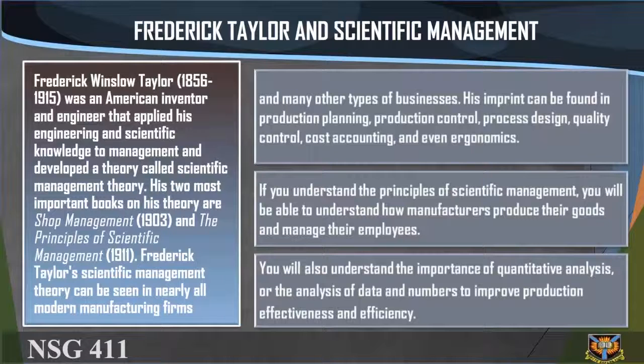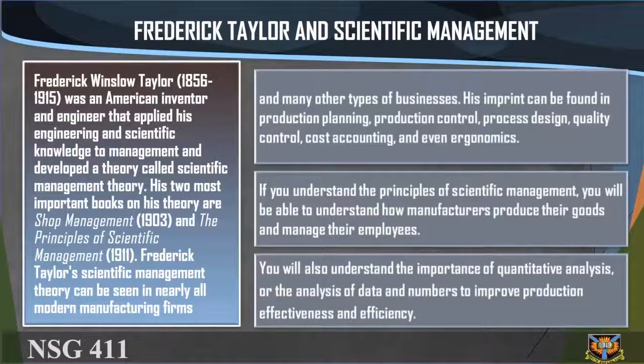Frederick Taylor's scientific management theory can be seen in nearly all modern manufacturing firms and many other types of businesses. Its imprints can be found in production planning, production control, process design, quality control, cost accounting, and even ergonomics.